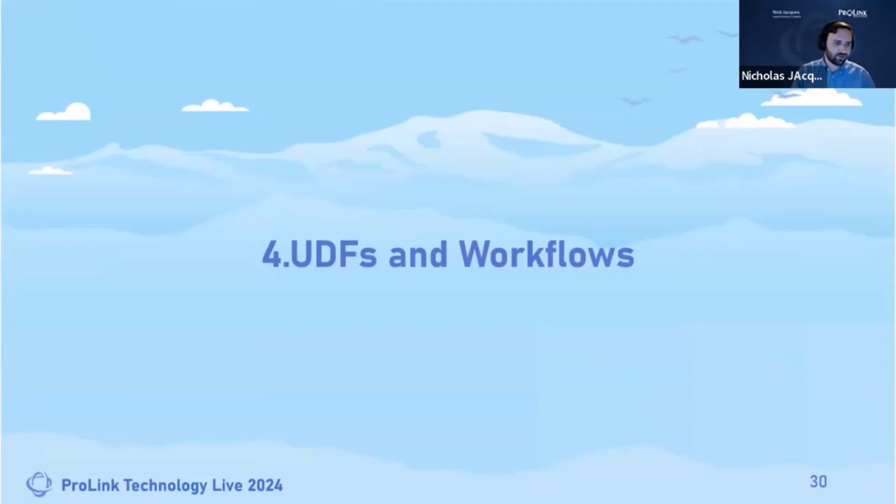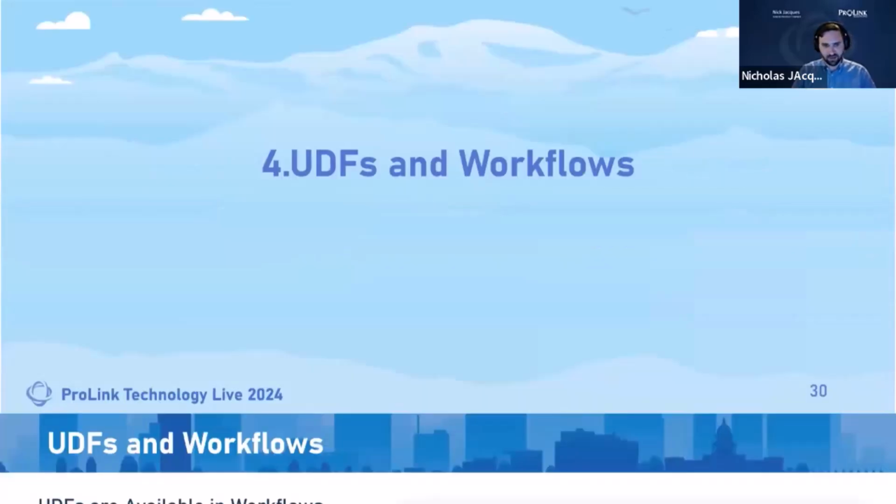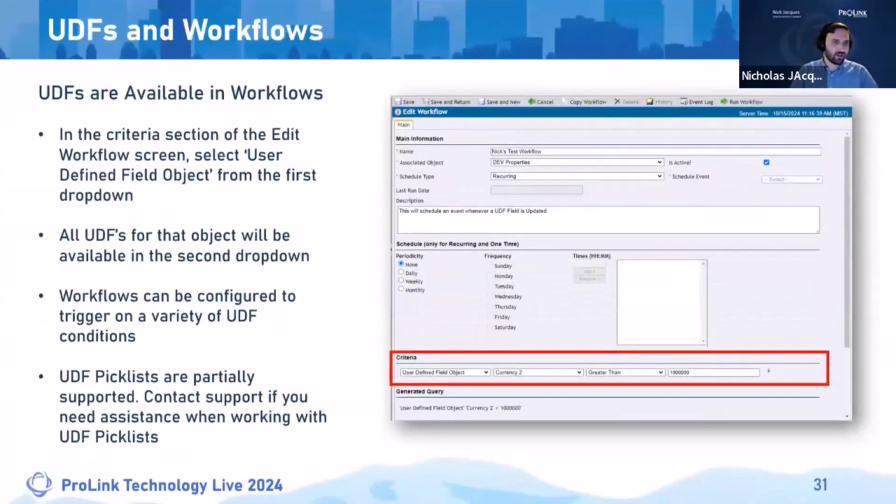UDFs and workflows. If you're not familiar with workflows, it's just a way to trigger an event, like an email reminder, on specific states of data within the application. Kind of the same story here. UDFs are pretty well supported within workflows.